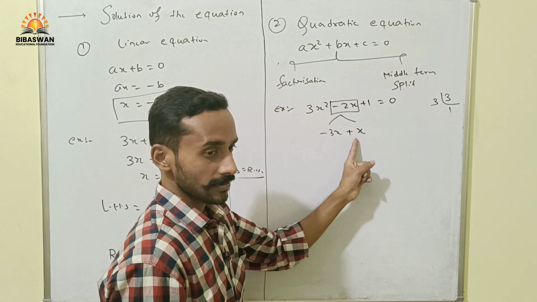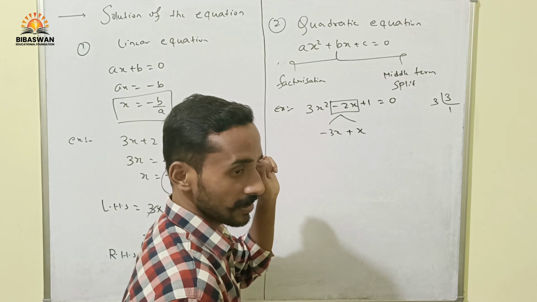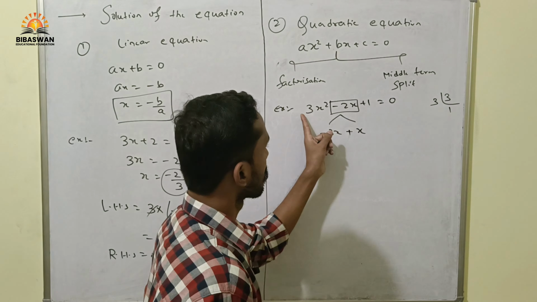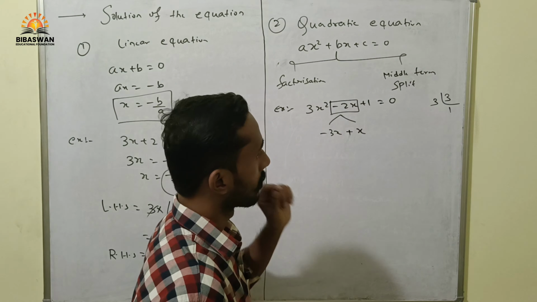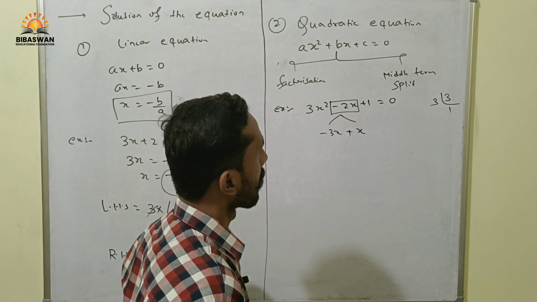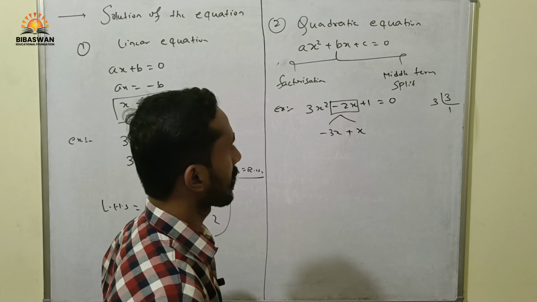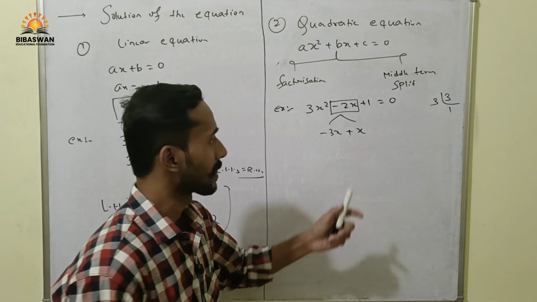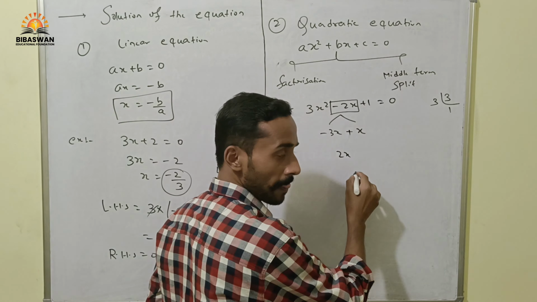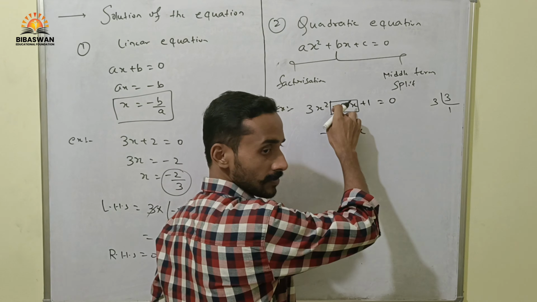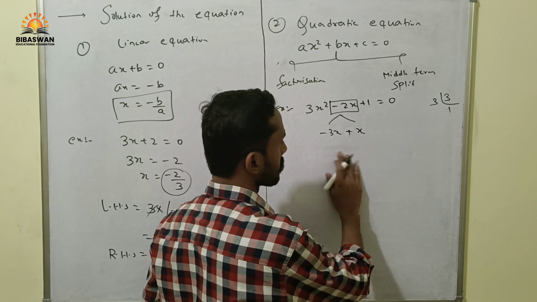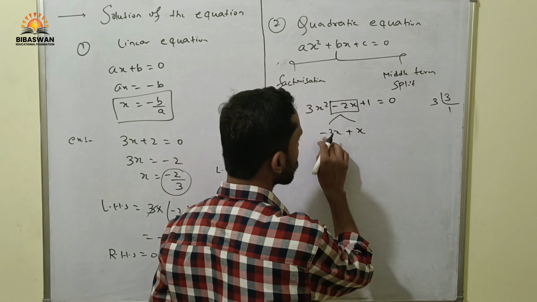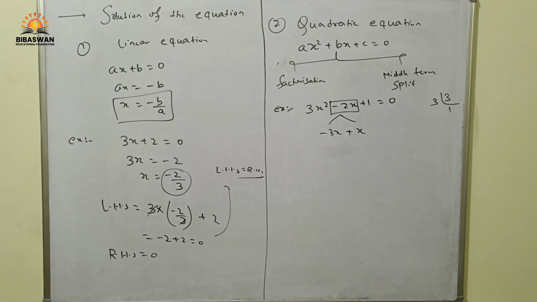Sorry, the value is 3, not minus. 3 minus 1 gives the result 2, but here there is minus 2. Understood? So it makes a very big problem. But here there is a difficulty in the question.